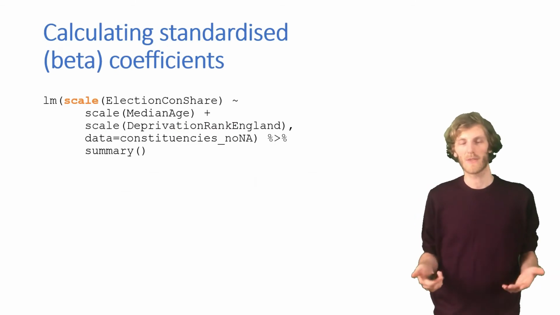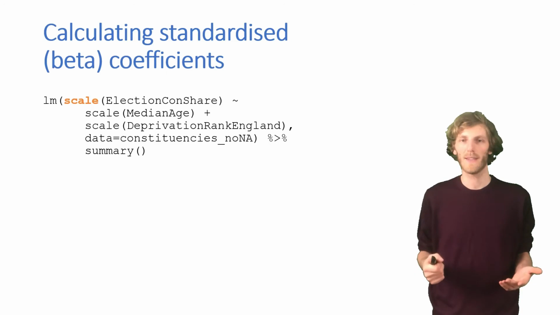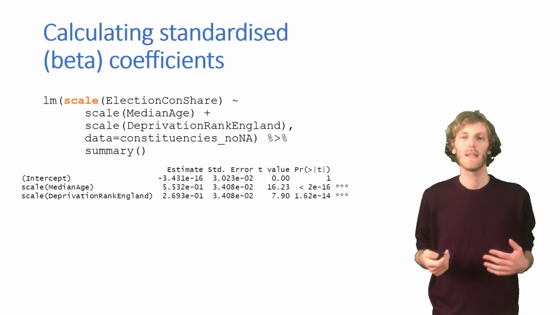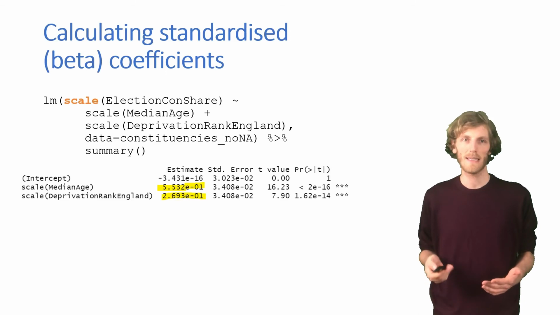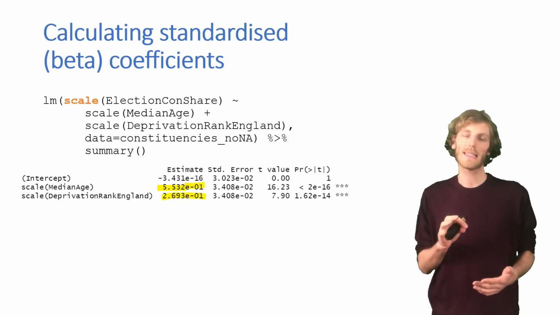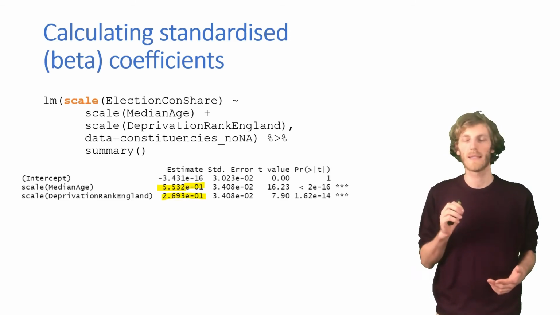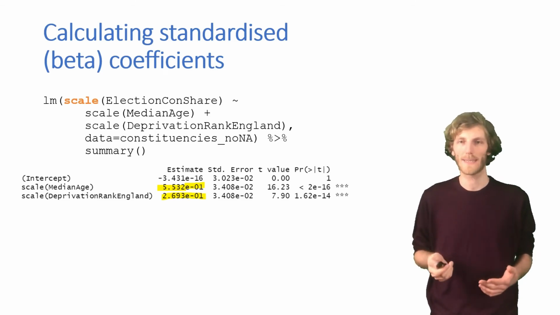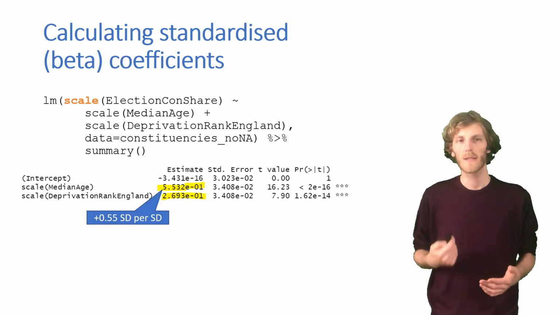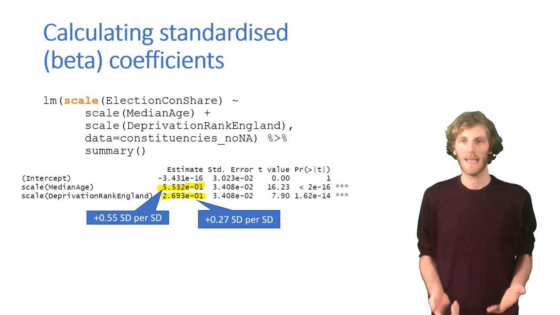We can run it in this rather complicated way by manually standardizing each of the variables. Then the output contains standardized coefficients, and we can now see that indeed age seems to have a stronger influence than local deprivation. Because now we have two numbers that are in the same units.